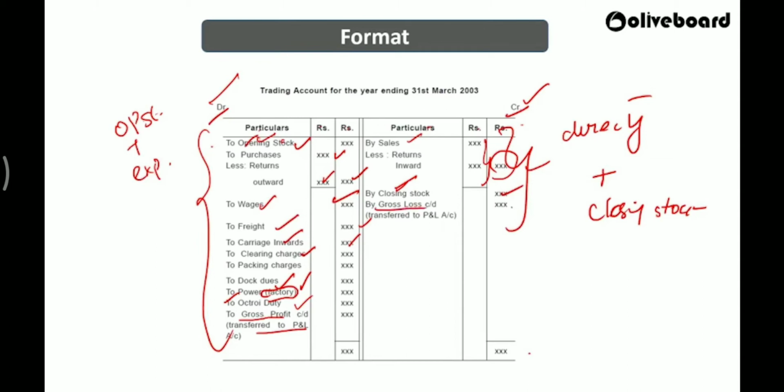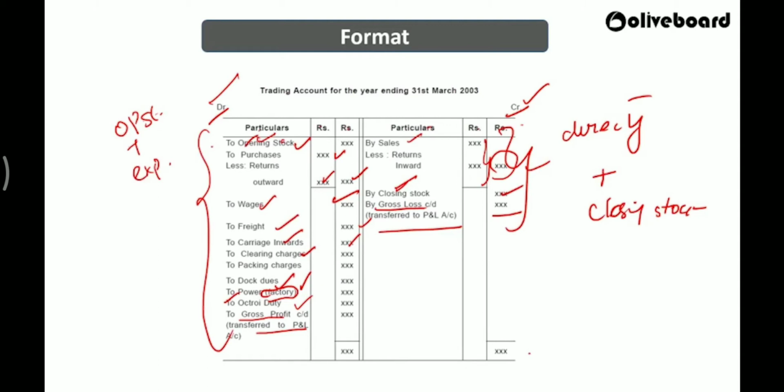Gross loss, and the gross loss, again, will be transferred to your P&L account. This is the format for what? Trading account. I repeat, it is a simple account where you will enter all your direct expenses related to your production or trading activity and all your direct incomes. Along with that, you will enter opening stock on the debit side and closing stock on the credit side.